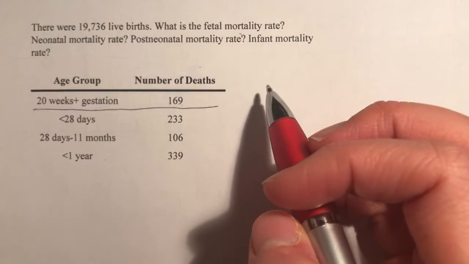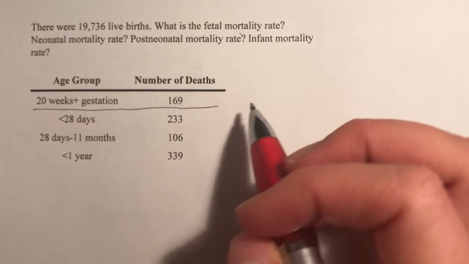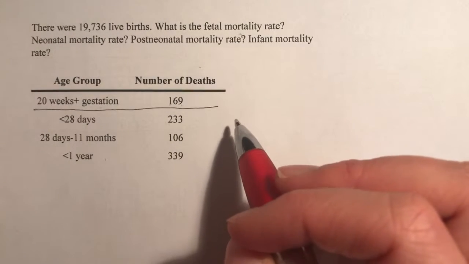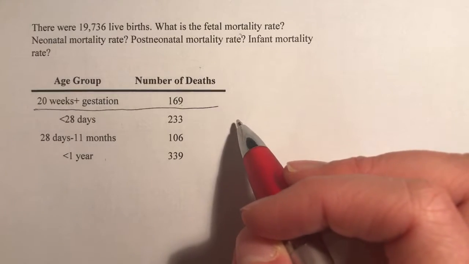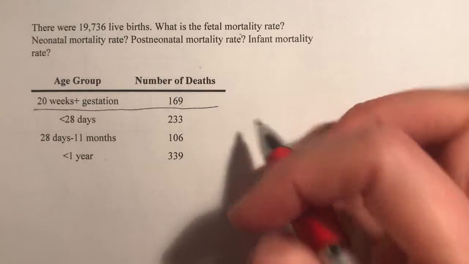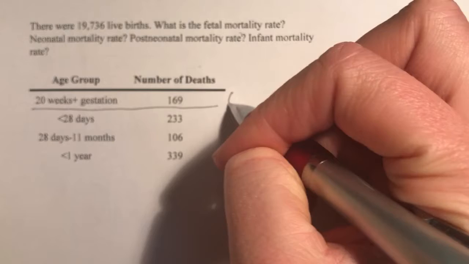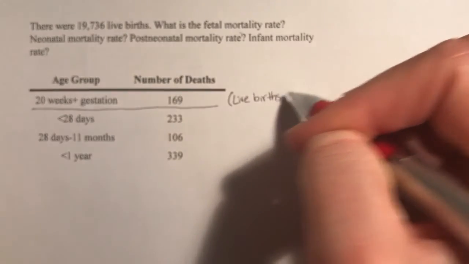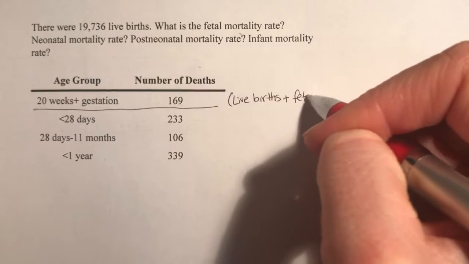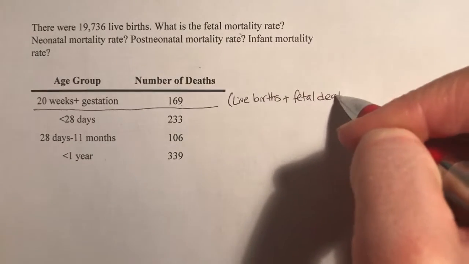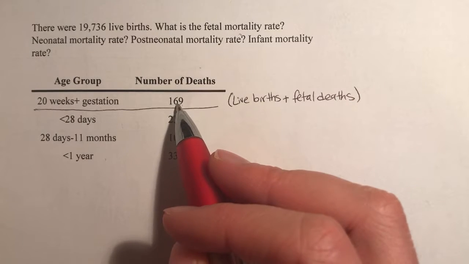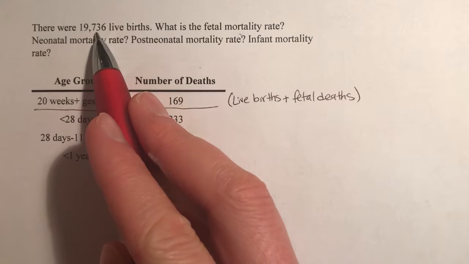But our denominator is going to be a little bit different than our other denominators. Our denominator for fetal mortality, and just for fetal mortality, is going to be the number of live births in that community plus this number of fetal deaths, because these 169 deaths are not included in the total number of live births.